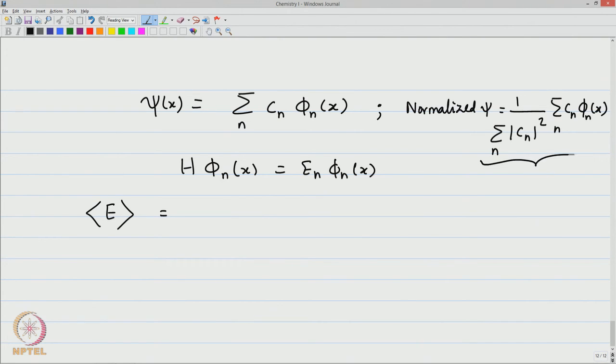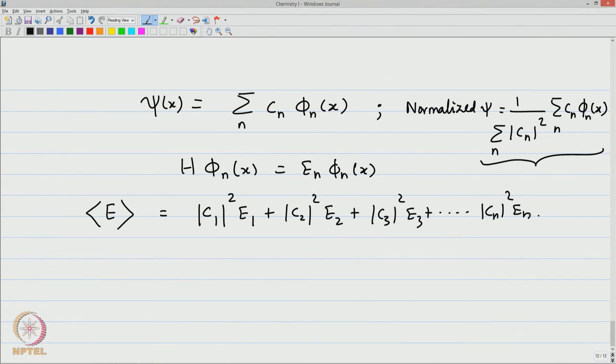So, this is the normalized wave function, and for this normalized wave function the average energy is contributed by the corresponding weight factors, C1 square times E1 plus C2 square times E2 plus C3 square times E3 plus etcetera all the way up to Cn square times En, divided by the sum over n of the absolute square of Cn.